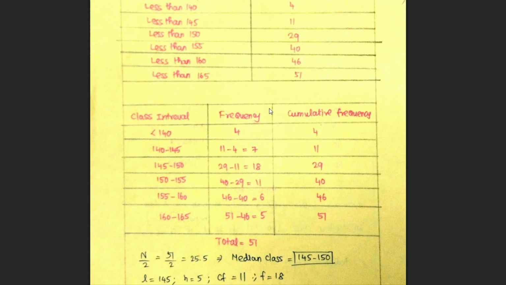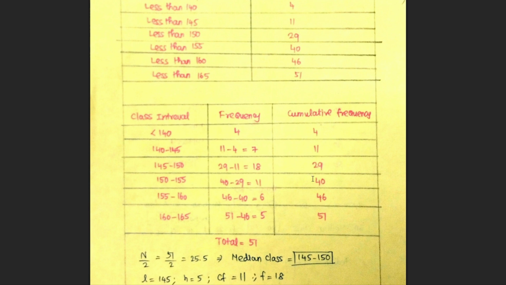Now you can write less than 140, and less than 145 means you can have that range 140 to 145. Similarly 145 to 150, 150 to 155, 155 to 160, 160 to 165. Now the question has become normal. Total is 51. You divide it by 2, you get 25.5. It is not found here.